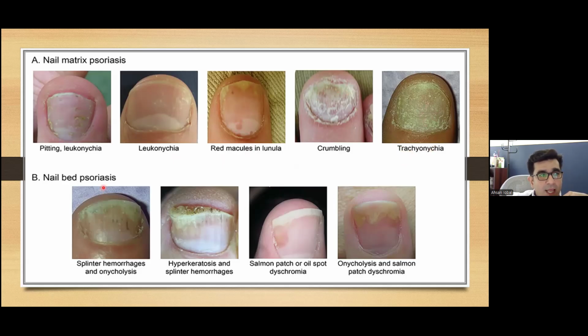And then the patients can have nail bed psoriasis as well, which is the involvement of psoriasis within the nail bed, which can cause hyperkeratosis, splinter hemorrhages, salmon spots, and onycholysis, which is basically the nail bed sort of rises from the base. And that could also happen in patients who have psoriatic arthritis.